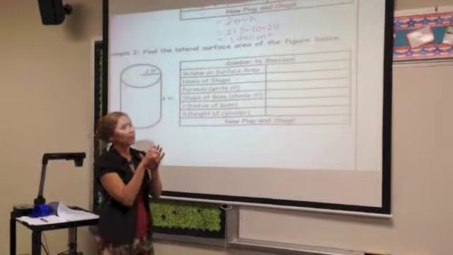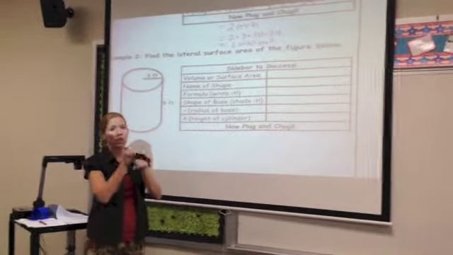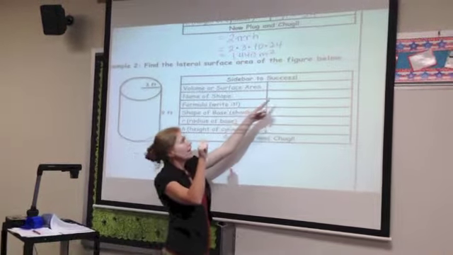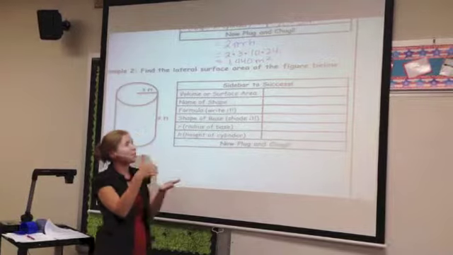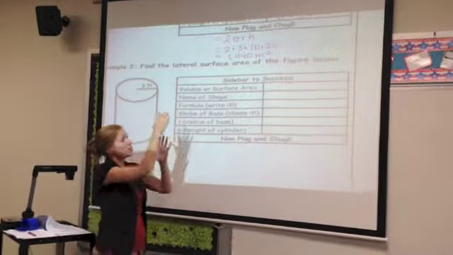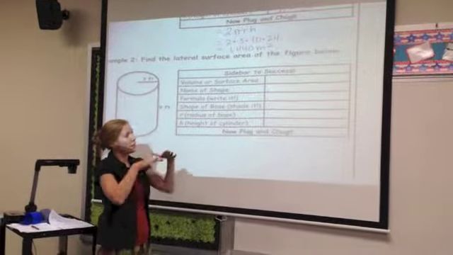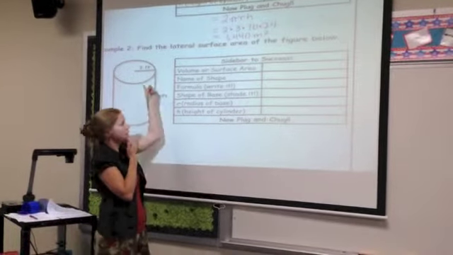Okay, let's do another example that is also working with lateral surface area. So I'm going to put down LSA. The name of the shape again is the cylinder, and I'm just going to copy that formula again. I'll go ahead and write down the name of the base is a circle and then color it.